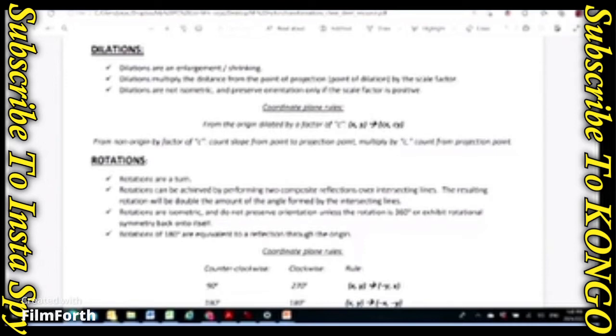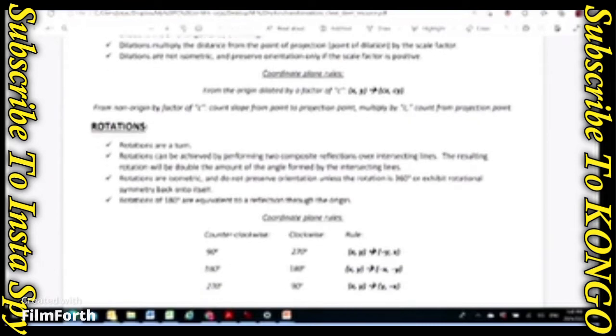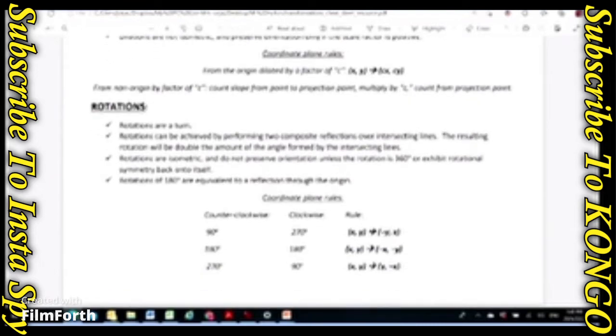Rotation. A rotation is a turn. It simply means that the image and the object are not going to be in the same orientation, since it turns in one direction. These are the identities, the formulas that you use to work out the rotation, so try to remember these.